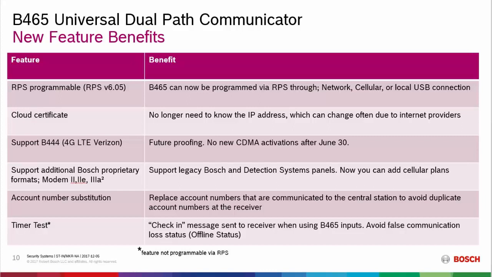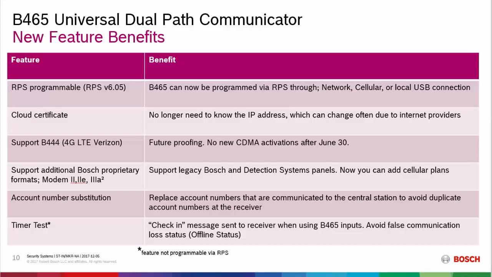So now you can upgrade the older, like I said, Bosch and Detection Systems panels to use cellular and Ethernet without having to fully replace the system. All your panel, your peripherals, all that can stay in place, and you just add a 465, and now you're upgraded to the newest reporting technologies.